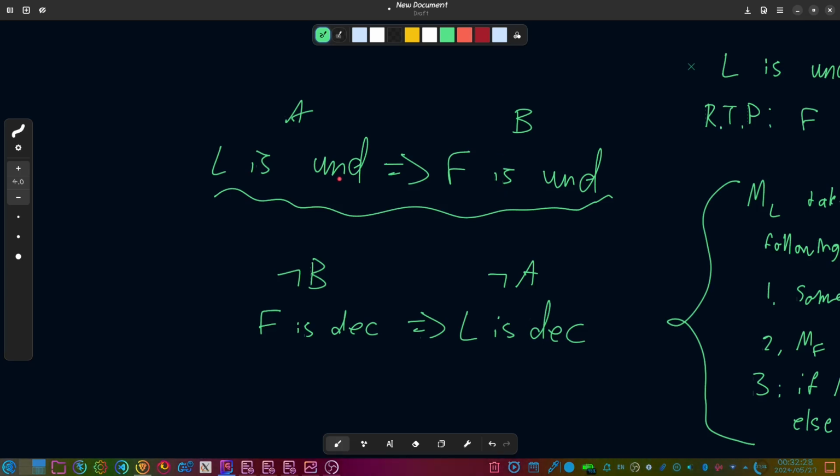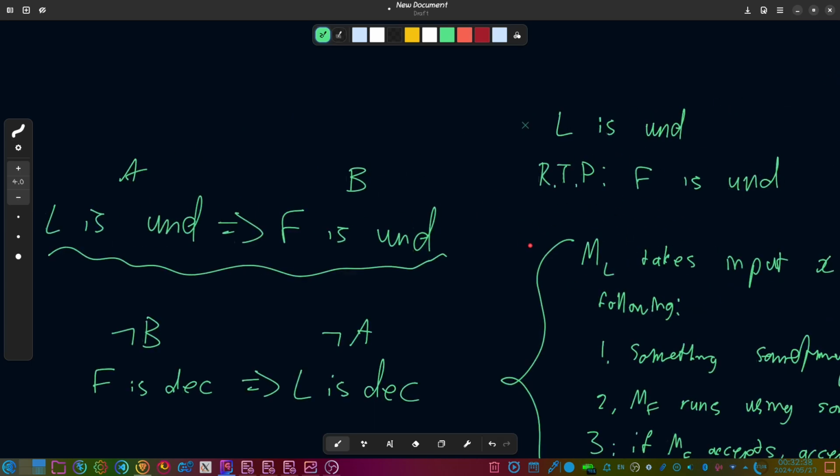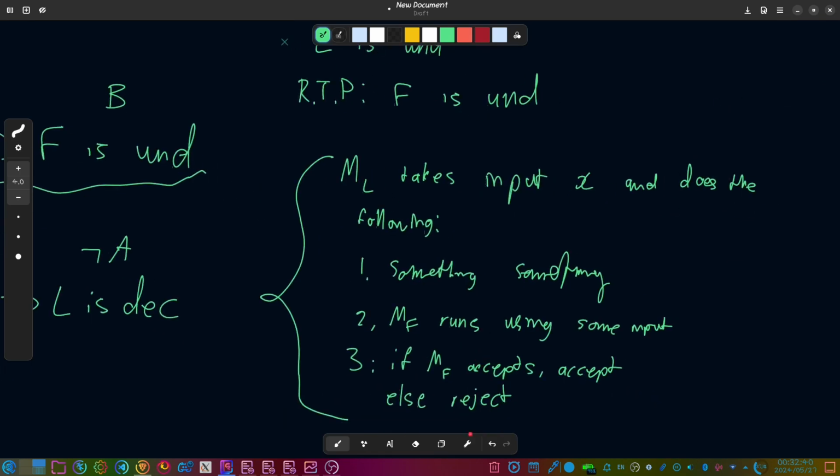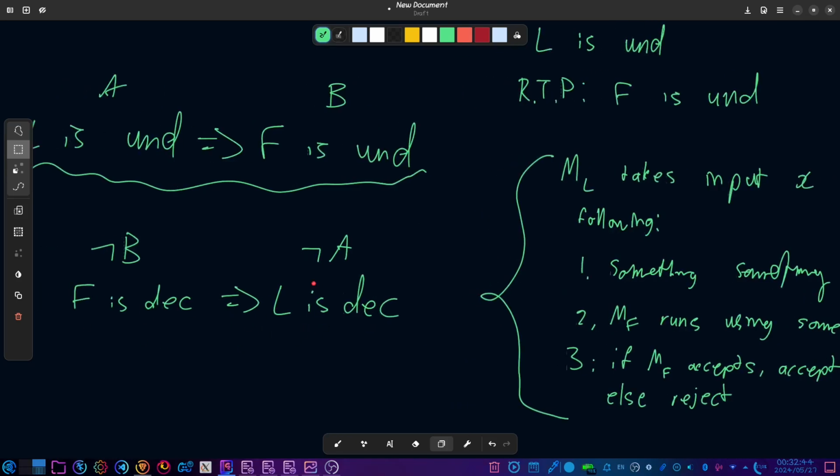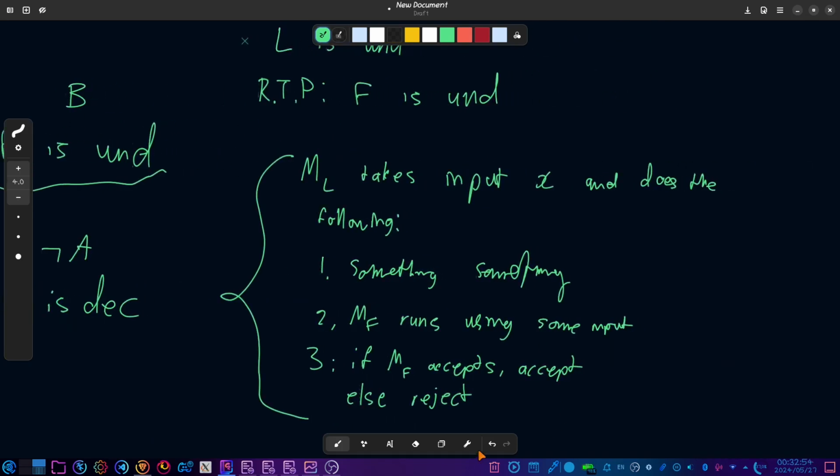To show that L is undecidable implies F is undecidable, we show that F is decidable implies that L is decidable. So what we do is we assume that F is decidable, right? To show that this is the case, we're going to use a direct proof. We're going to assume this is true, and then we're going to show that if this is true, then this is true, right?